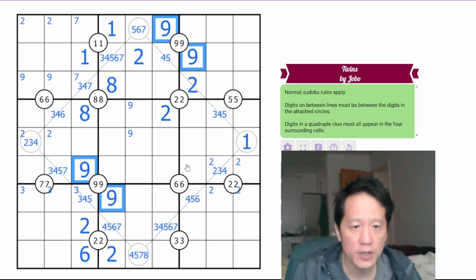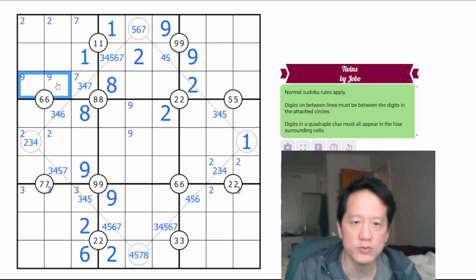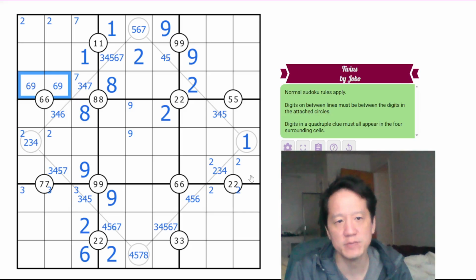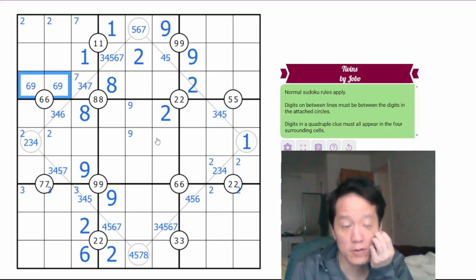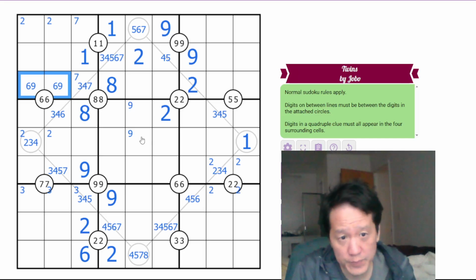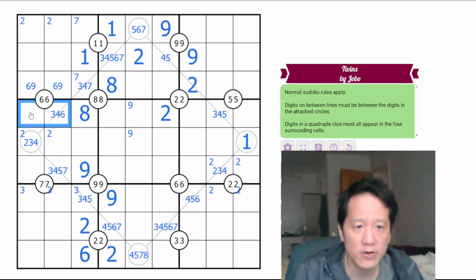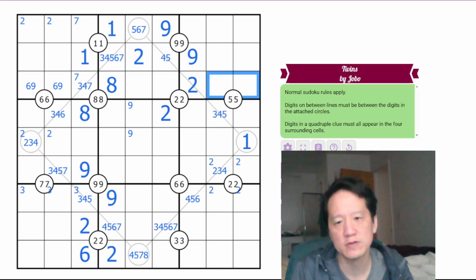What else do we have? So, okay, one of these two must be a 9, and the other one has to be a 6. So this becomes a 6-9 pair here. This, however, we don't know. The rest of column 3 has to contain 1, 3, 4, 5, and 7.